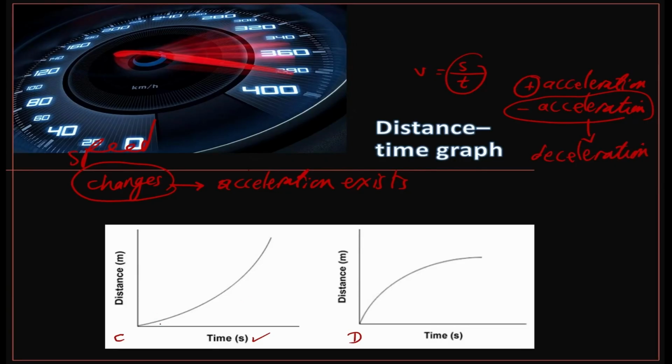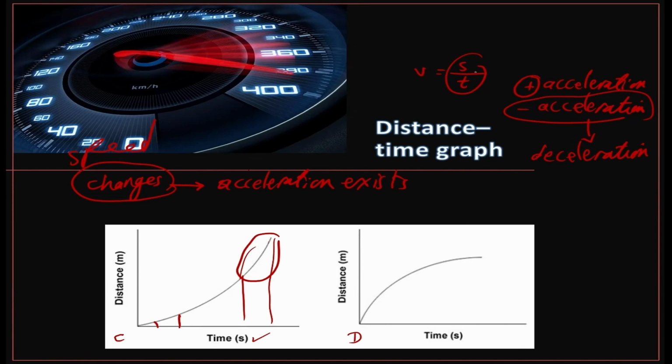So look here. In the beginning of the time, the distance increases, but not as much as at the end of the time. Look at this one. At the end, the distance changes greatly, while at the beginning the distance doesn't change as much.